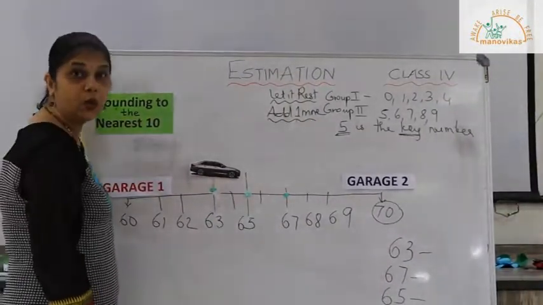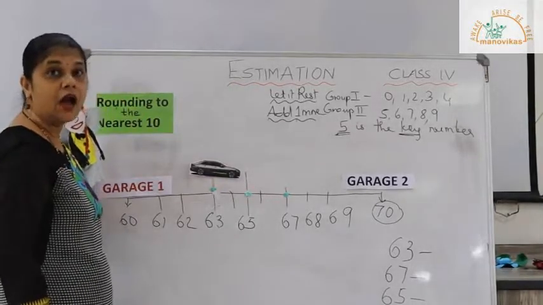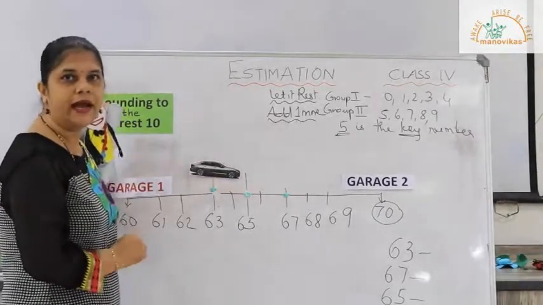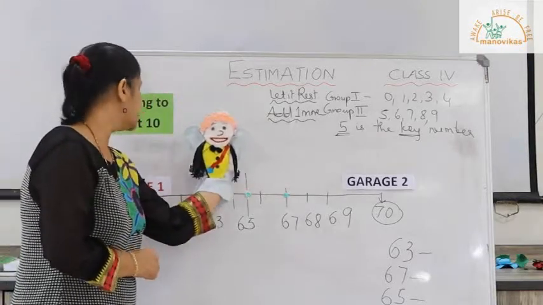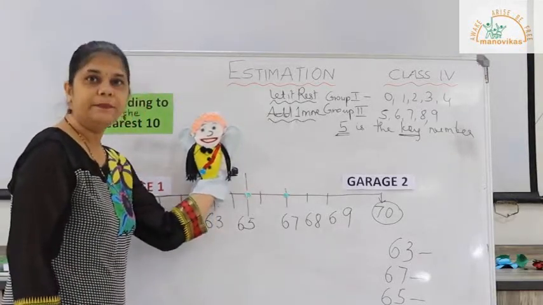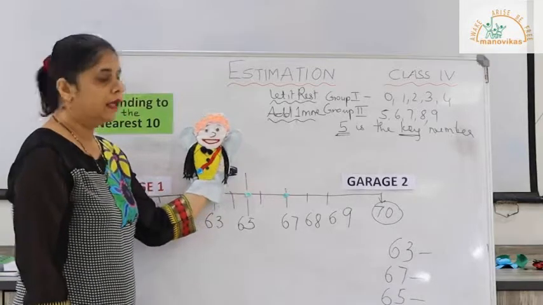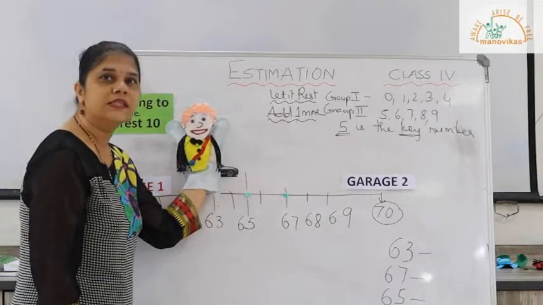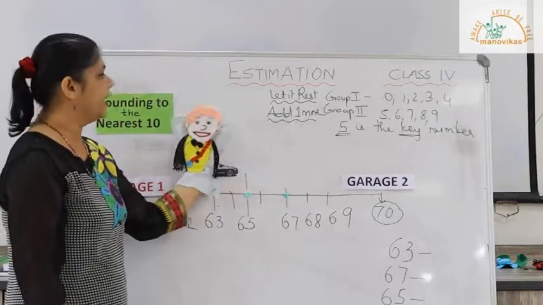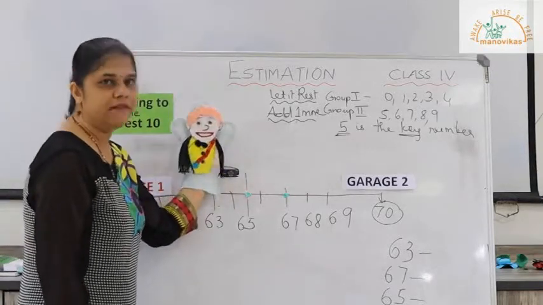Tinku needs to take his car to a garage to repair it. So what did Tinku do? He came out of the car and stood at number 63, searching for a garage. He looked this side and he looked the other side. He could see garage 1 and garage 2 at number 70.